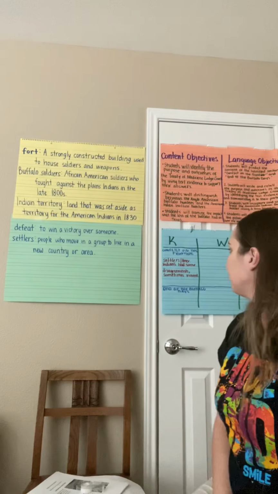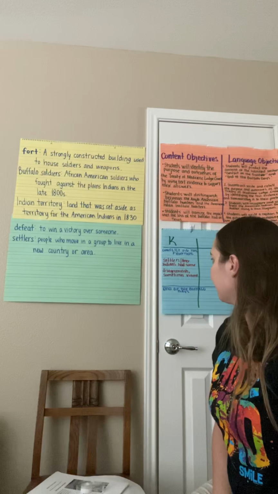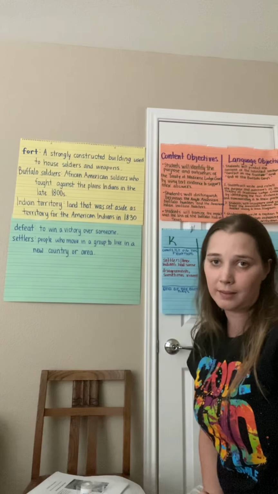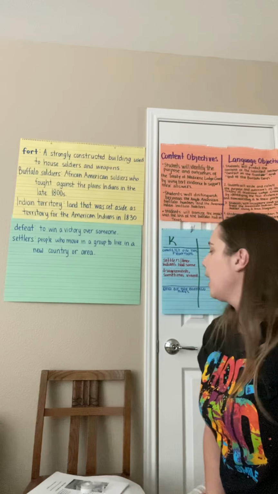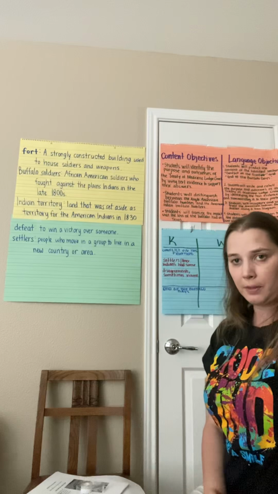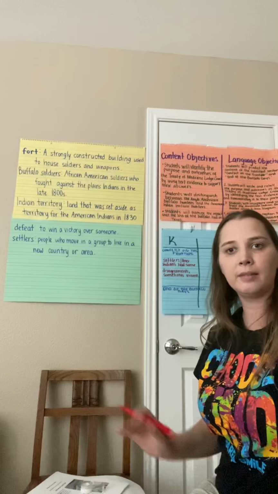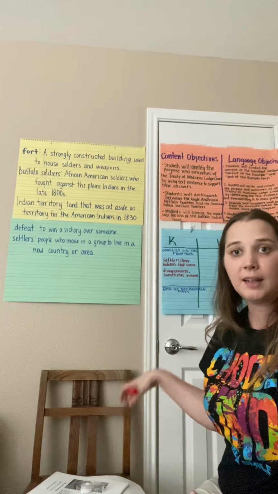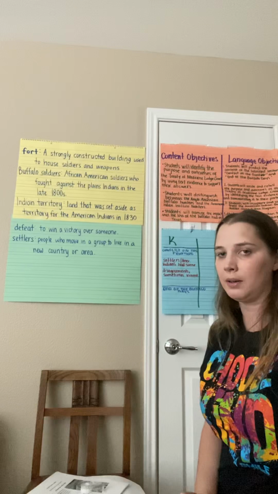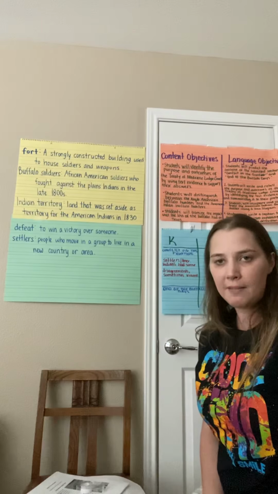That's one thing that we do know. We know that there was conflict. That's why the subtitle is called conflict. There was conflict between those two groups of people. The new people settling Texas. Remember, settlers is one of our vocabulary words, and then the American Indians who had already been there, who were already living there. Okay, so now I want you to think, do you have any questions?